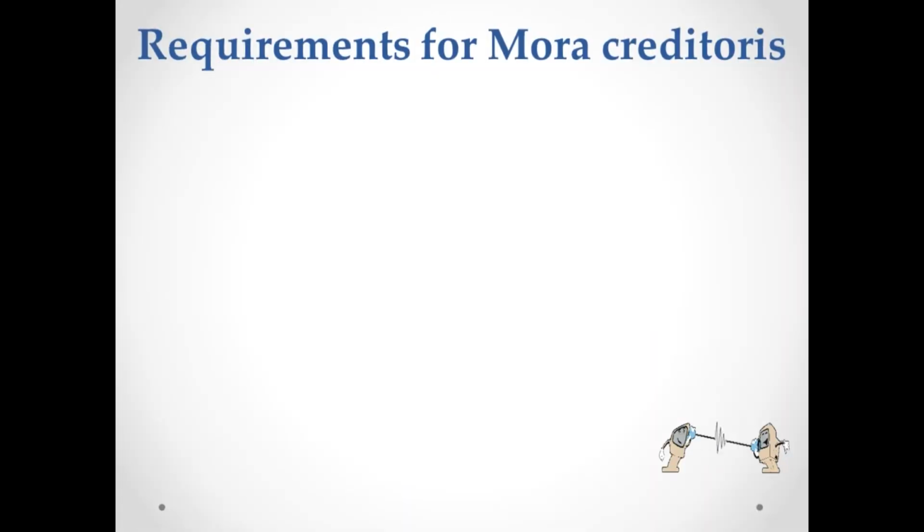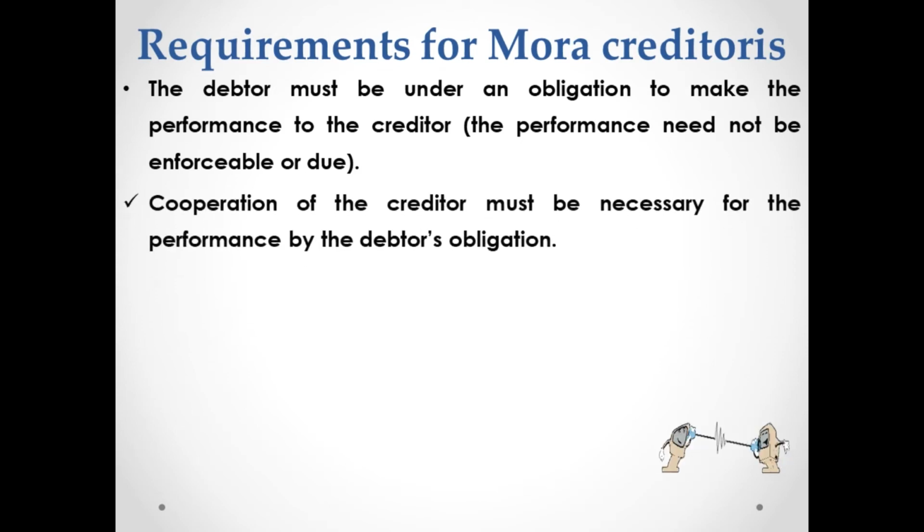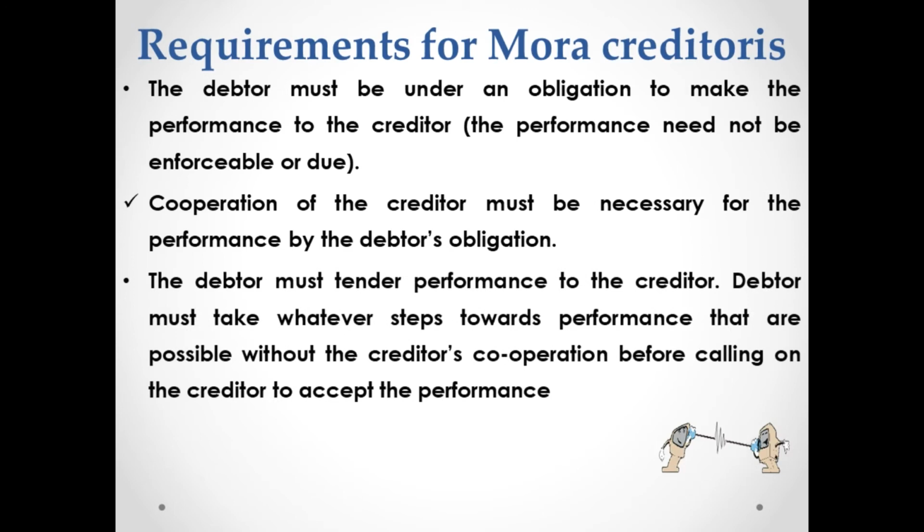The requirements that should be met for a creditor to be said to be in mora are that the debtor must be under an obligation to make the performance to the creditor. The performance needs to be enforceable and due. Cooperation of the creditor must be necessary for the performance of the debtor's obligation, and the debtor must tender performance to the creditor somehow.